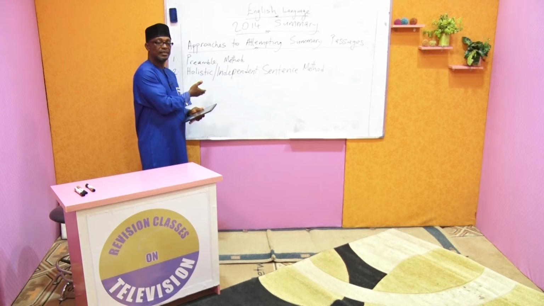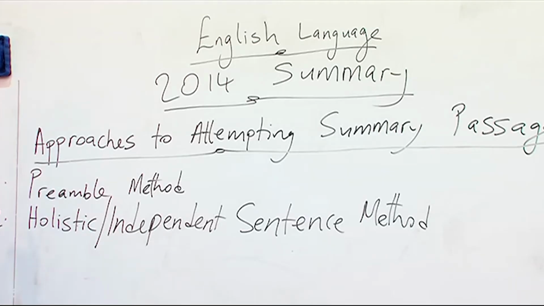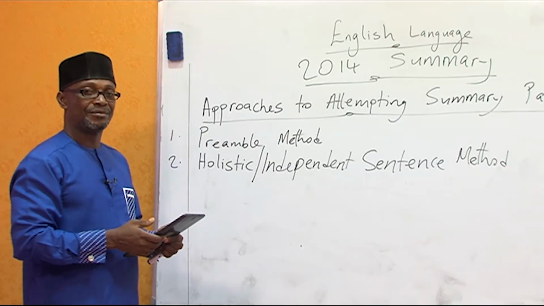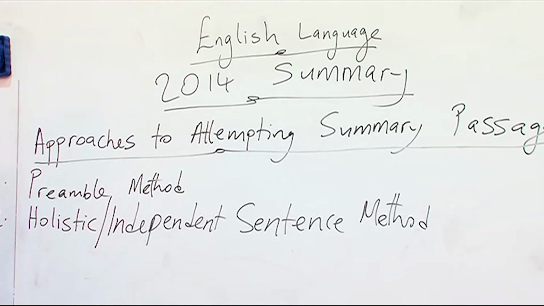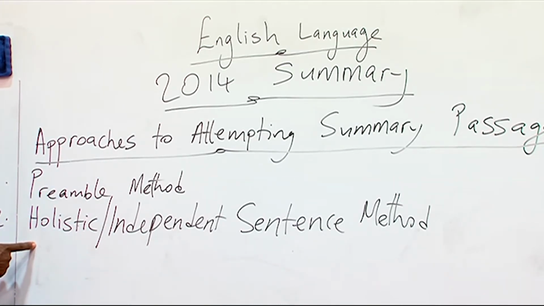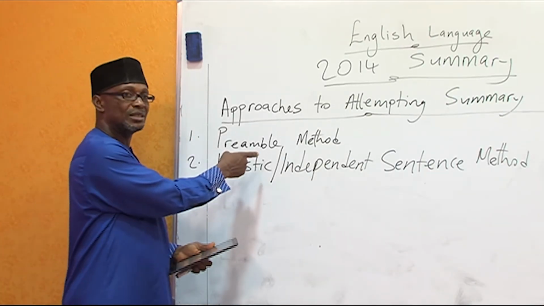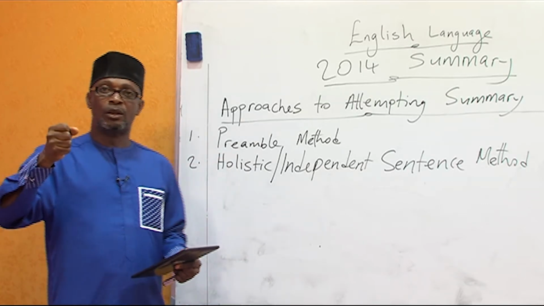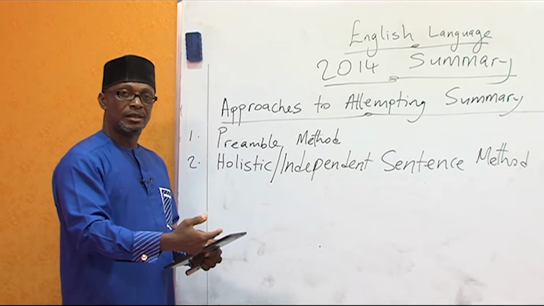The candidate is at liberty to use any of the approaches. But if you have chosen to use the preamble method, there are intricacies. And because of these intricacies and technicalities, we usually advise our students to stick to the holistic method. The reason is not far-fetched, because preamble method is like you having an umbrella to cover the other aspects that you have given.